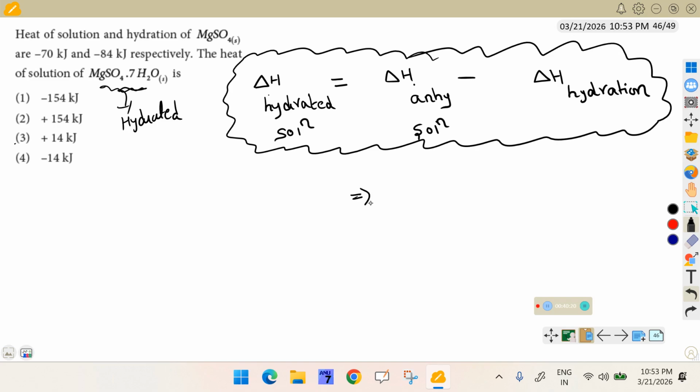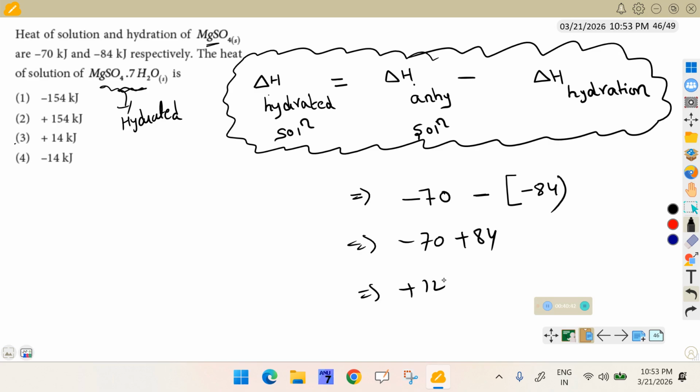Enthalpy of anhydrous solution MgSO4 is minus 70, minus enthalpy of hydration value given as minus 84. Minus 70 plus 84, you will get plus 14. Third option is correct.